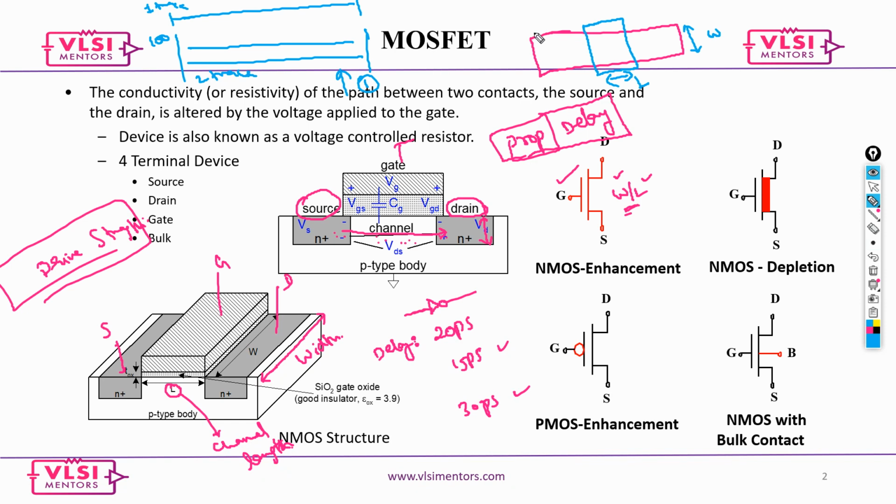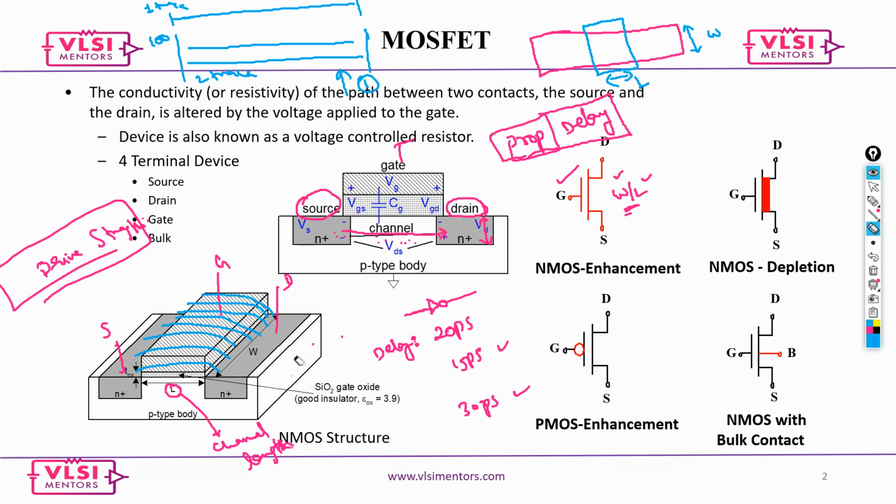That means you have a bigger width, the road is bigger, so your charges can travel. Now imagine you have a smaller width.